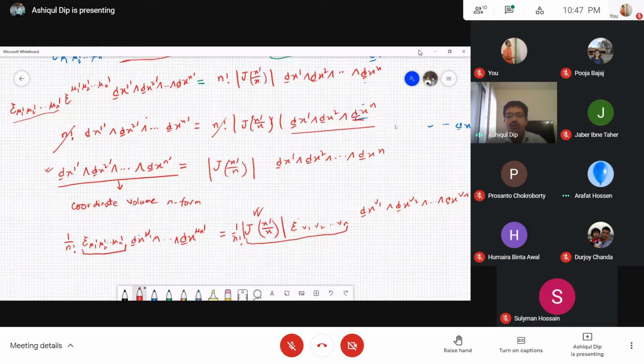Okay, so we have seen the relation between the coordinate volume and forms. So why do we call it coordinate volume? There are reasons why. To define actual volume, you need a notion of distance, right? You need to measure length to find the volume.